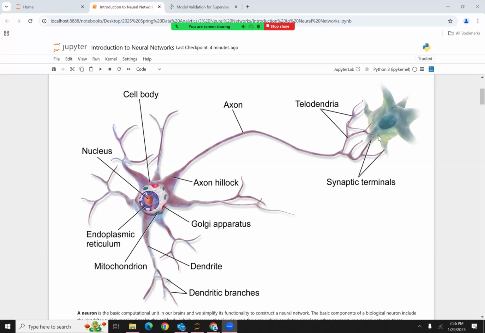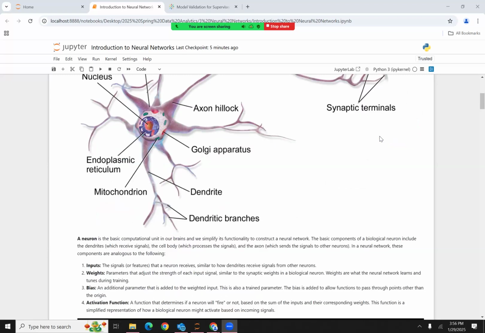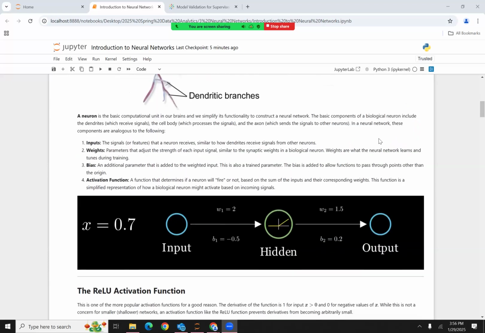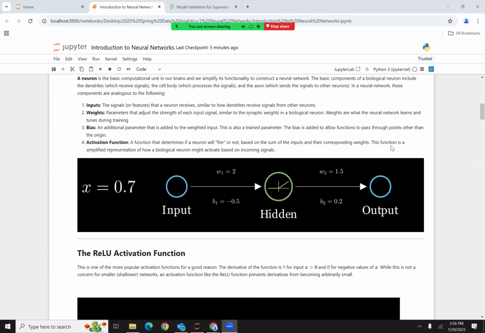And we mimic the function of a biological neuron with an artificial neuron. And an artificial neuron looks something like this, where we have an input, and the input is fed to what's known as a neuron in a hidden layer. And at the hidden layer, we send the signal forward if the signal exceeds a certain threshold.